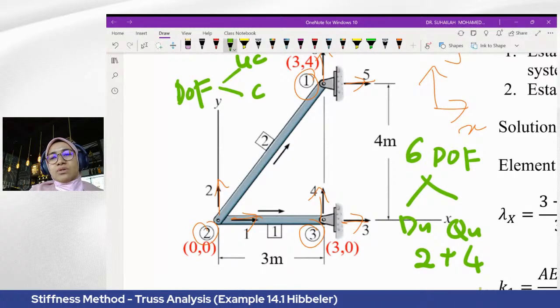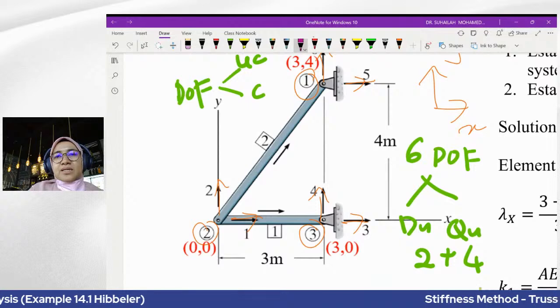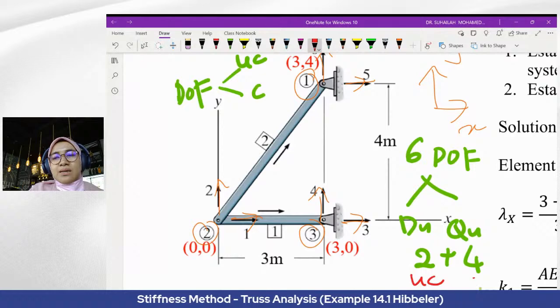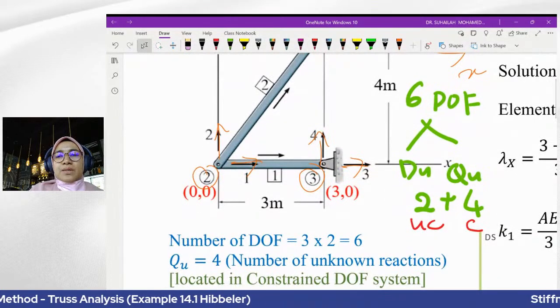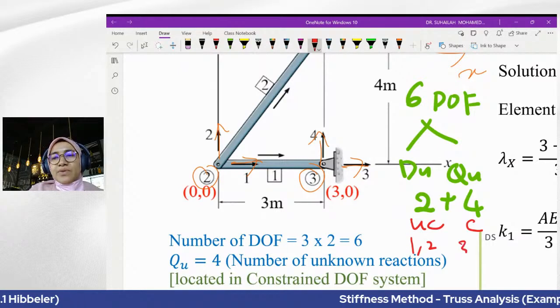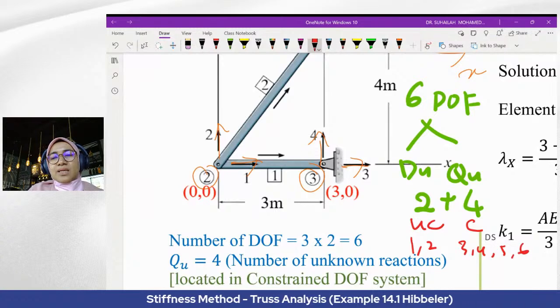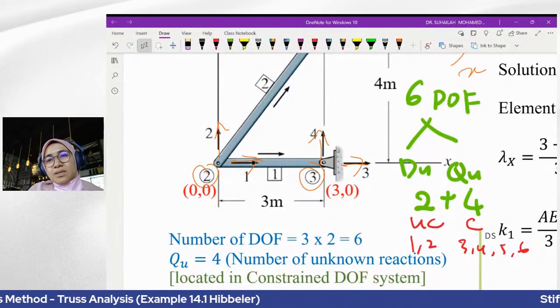Du, the unknown displacement, is located at unconstrained and Qu is located in constrained system. So when we label, we label 1 and 2 followed by 3, 4, 5, 6.